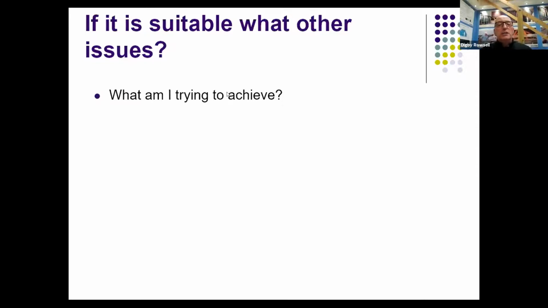Design considerations. You need to have a good think about what you're trying to achieve. If you've got a relatively small roof space, you're not going to achieve a master bedroom suite with ensuite bathroom. It just won't work. Also, think about budget.